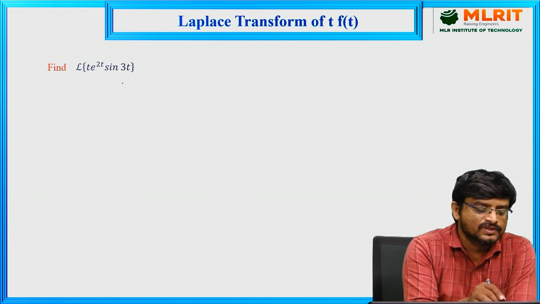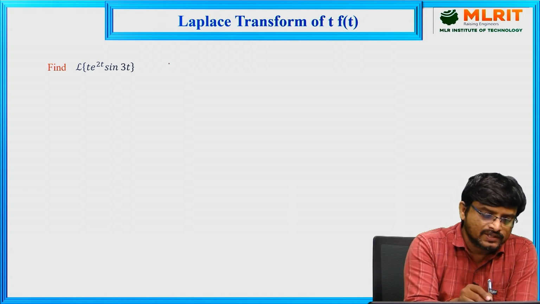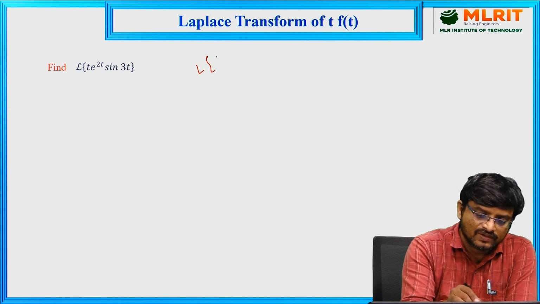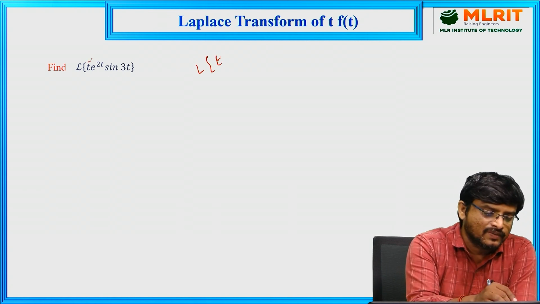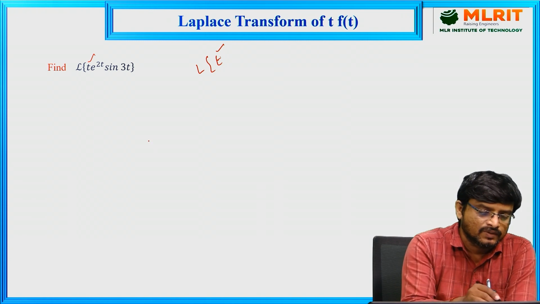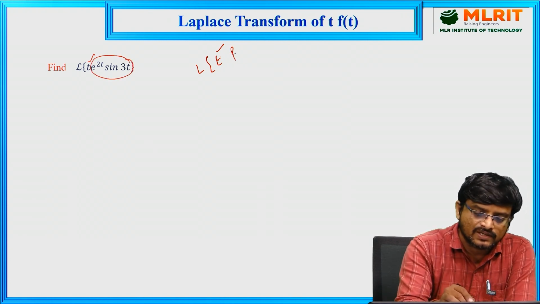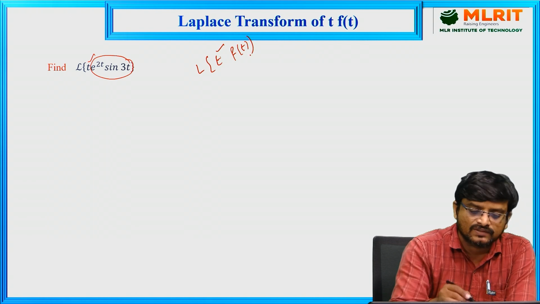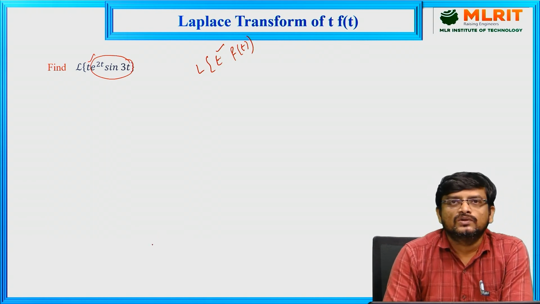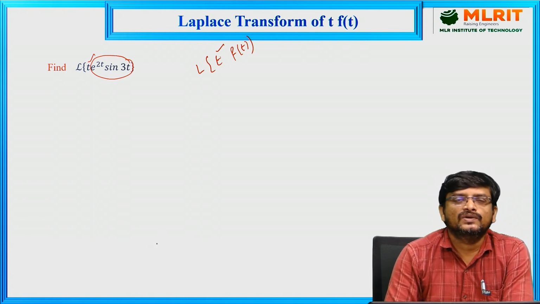Forget about the exponential function. Here we are having t, so you take t here, and whatever remaining function we are having, you represent that as f of t. So this is of the form t into f of t.